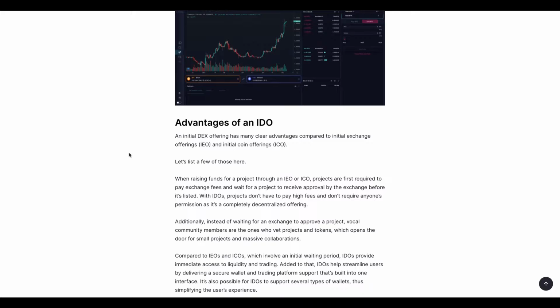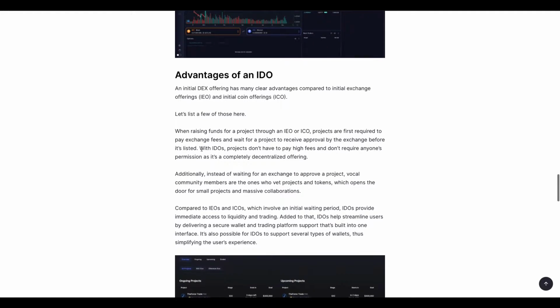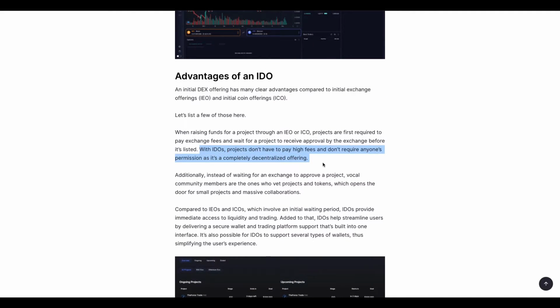Okay, advantages. Now it says here with IDOs, projects don't have to pay high fees and don't require anyone's permission. Not requiring anyone's permission, that's true. As far as the fees, that would depend on what exchange you're using. If you're talking about Uniswap, I would say this really isn't the case at all with Uniswap because ETH gas fees are horrendous right now, very bad.